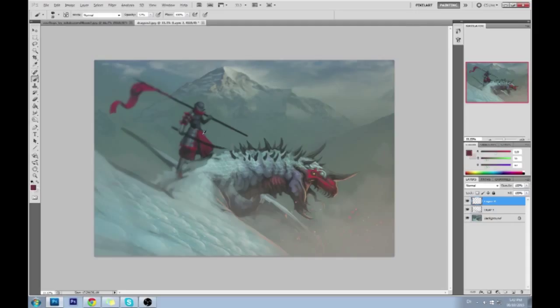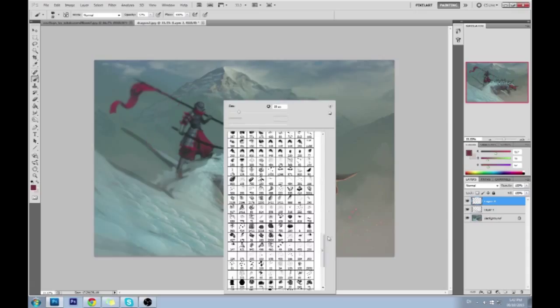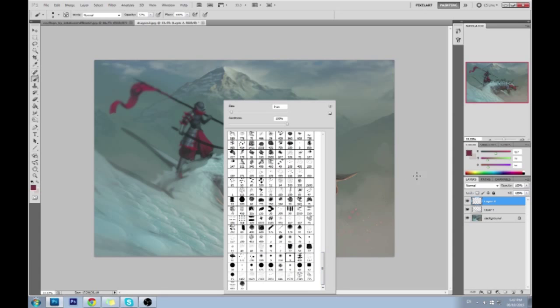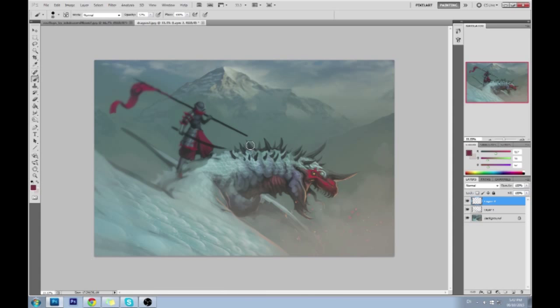So what you want to do to make this figure less like a toy soldier that he managed to stick onto his back and more of a real person is give them some disturbances. Material that's lighter than other material should behave that way. So we should be seeing crazy, asymmetrical movement in the fabrics.